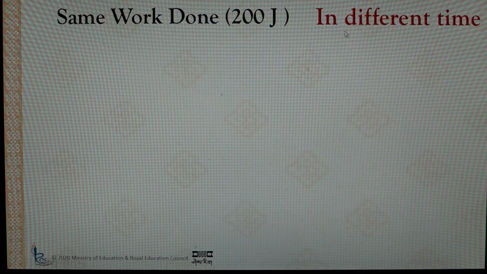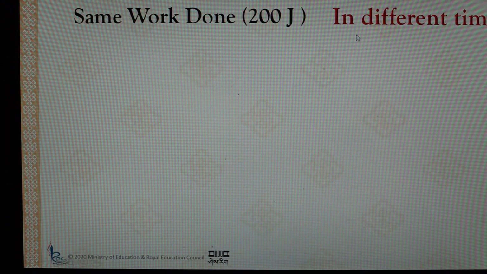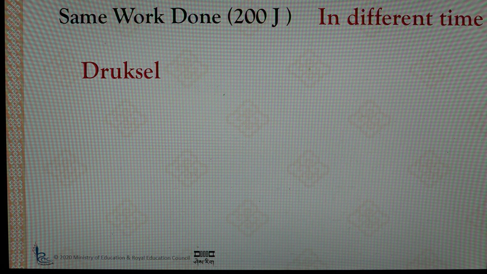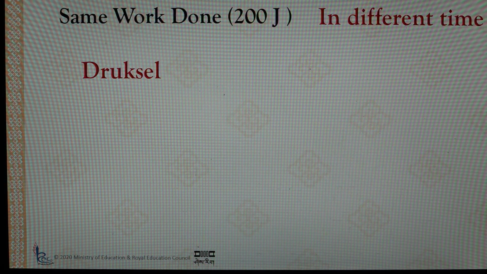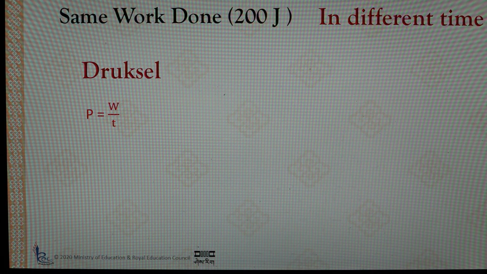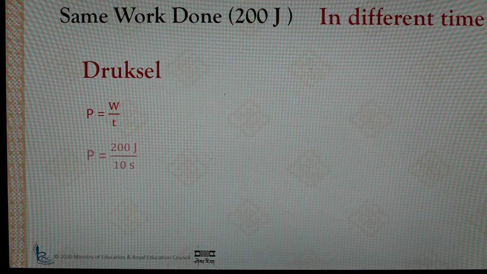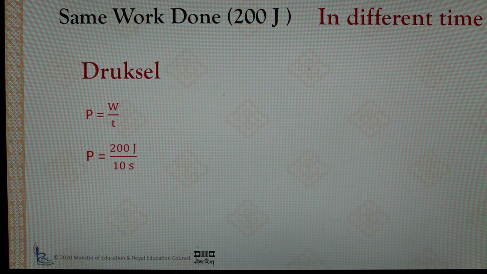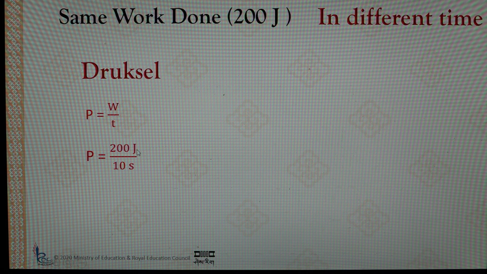But we notice that there is a difference in time. So let's first calculate the power of Truxell. The formula of power is work done by time, and if we substitute the values, the work done is 200 joules.